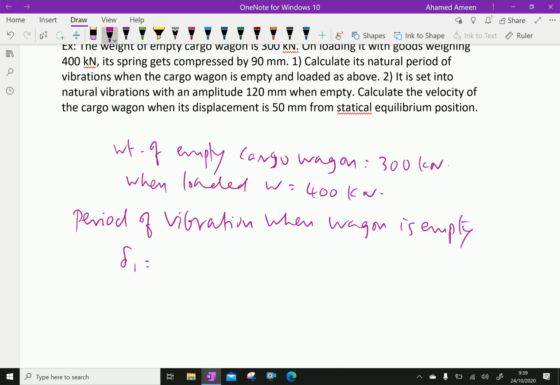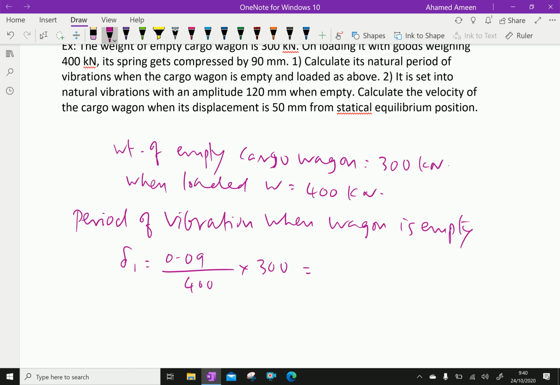Delta 1 means deflection of the spring when wagon is empty, that is 0.09 over 400 into 300. 300 is the empty weight, 400 is the loading weight.